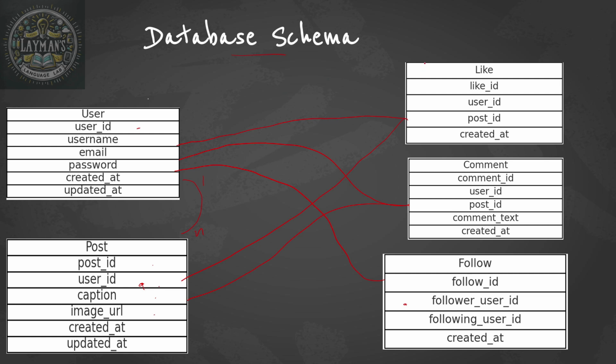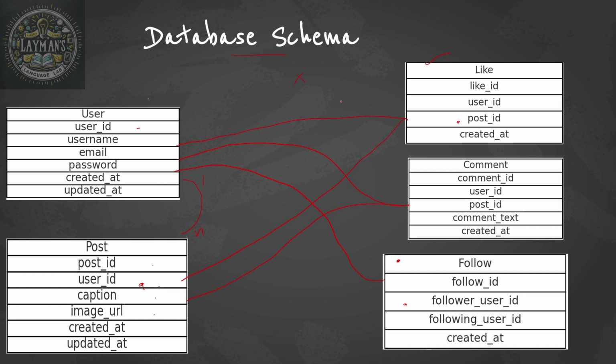I can query this table for this particular post ID and see how many likes I have. And for who the followers of user X are, I can select from this table and get the follower user IDs, and then we can join with the user table to get the user information. So that's a basic thing.